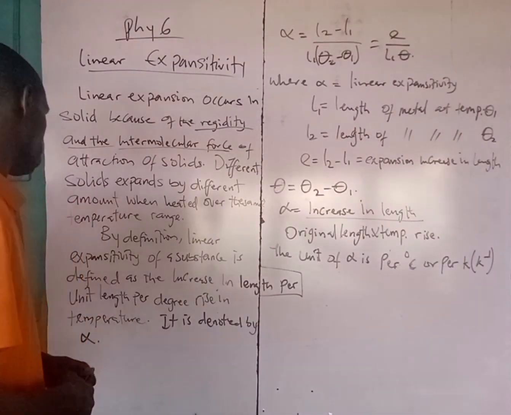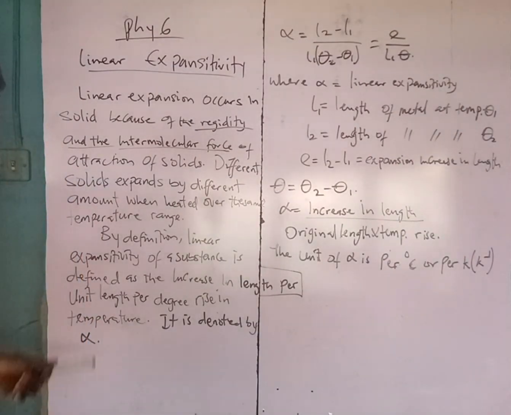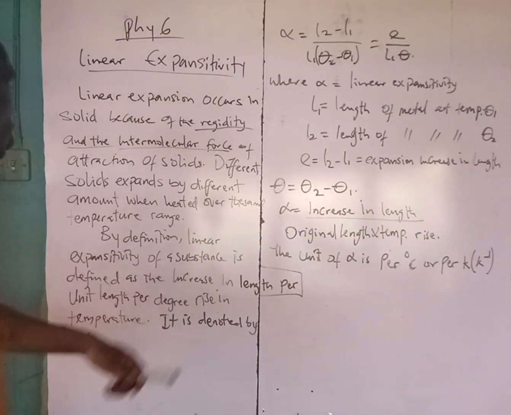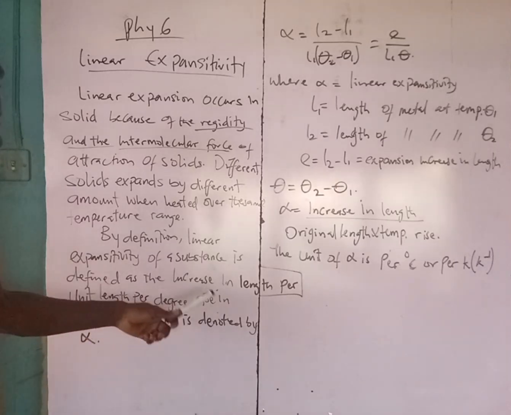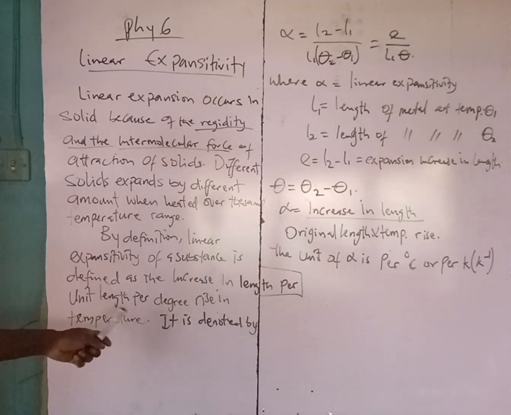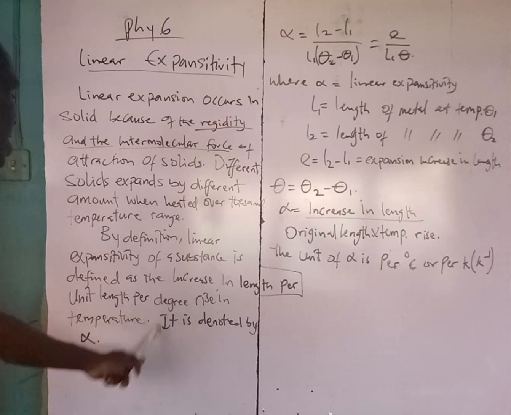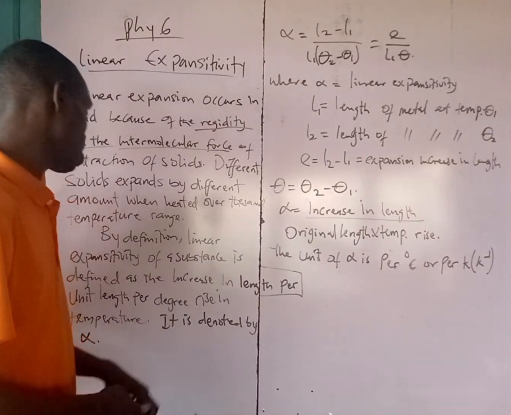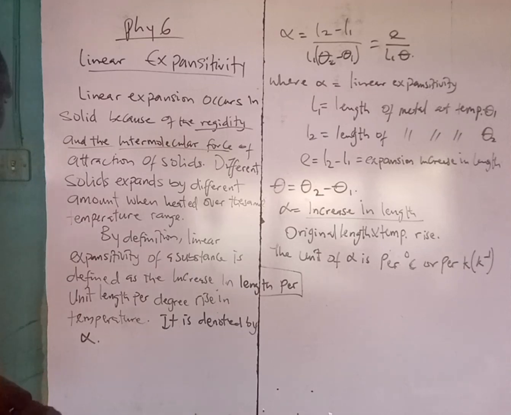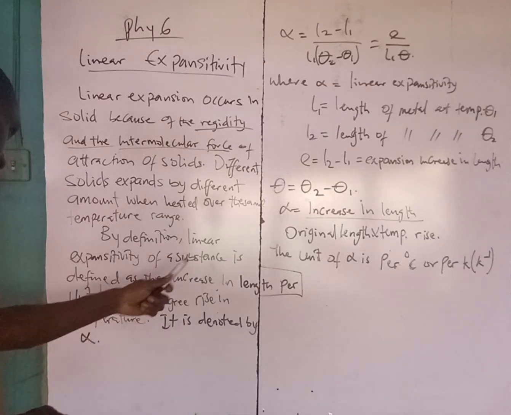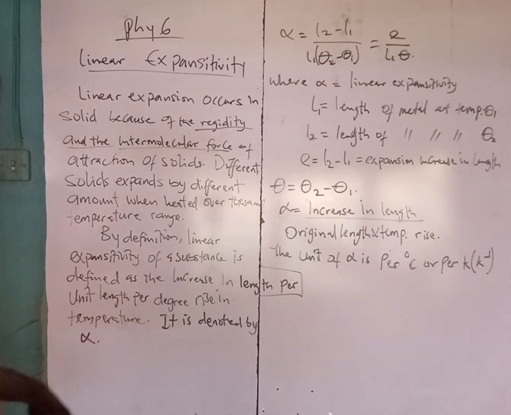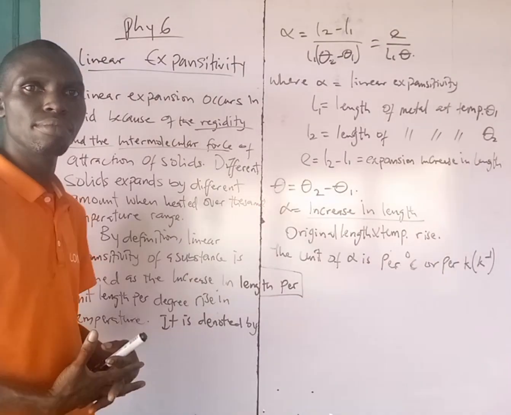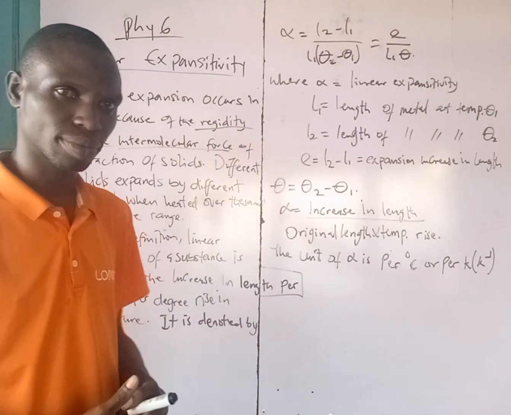Okay, now we said, by definition, linear expansivity of a substance is defined as the increase in length per unit length per degree rise in temperature. So what we are saying in essence is that linear expansivity of a substance is defined as the increase in length. What was the initial length?